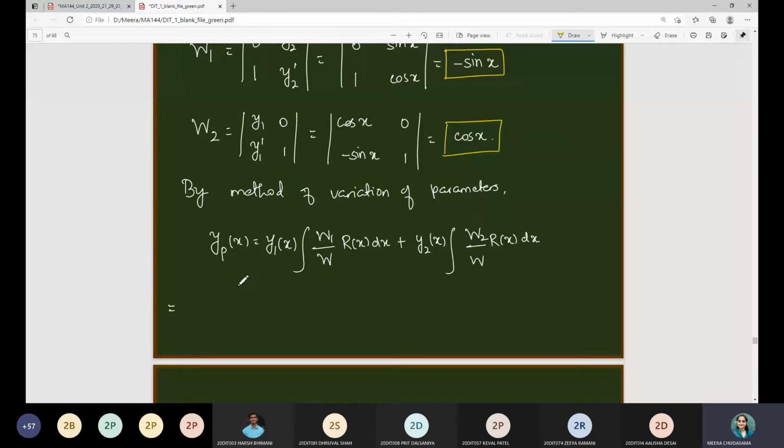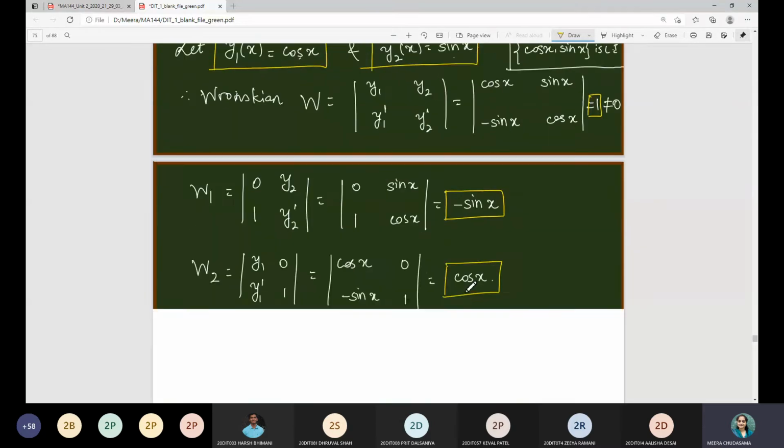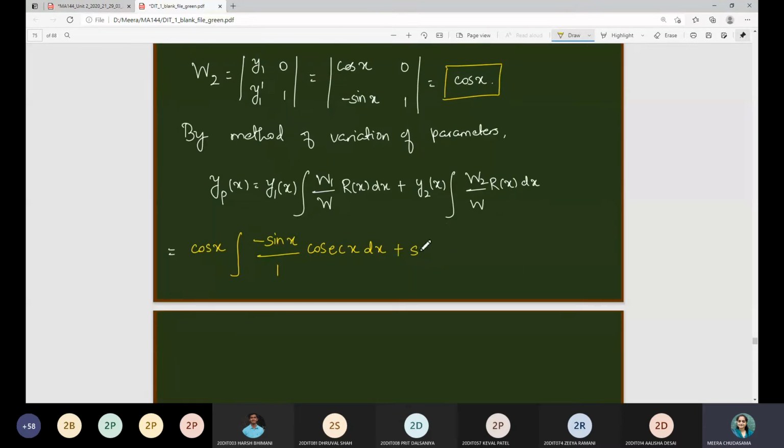So yp of x is equal to y1. What is y1? Cos x into the integration of w1. w1 is minus sin x upon w, which is constant, and the right hand side part is cosec x, dx, plus y2. What is y2? That is sin x into the integration of w2.